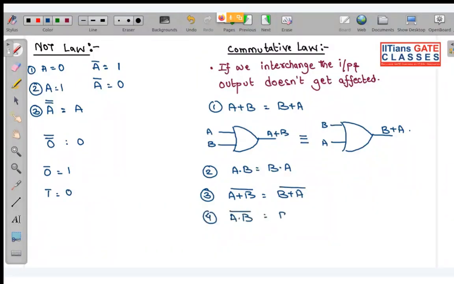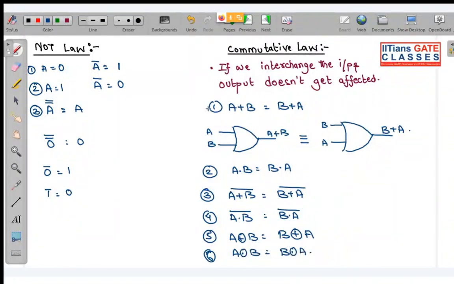A dot B whole complement, this is equal to B dot A whole complement. A XOR B is equal to B XOR A. And sixth point is what? A XNOR B is equal to B XNOR A.